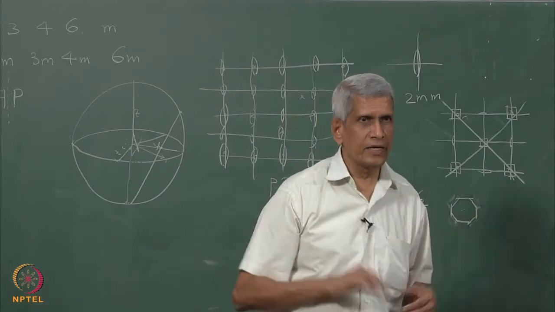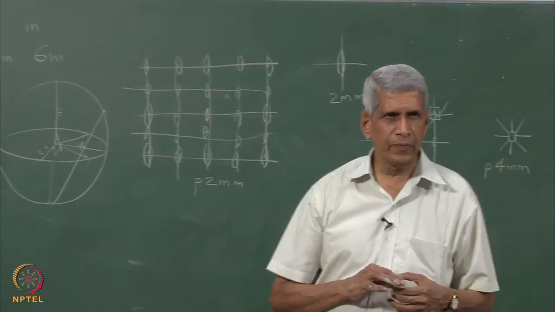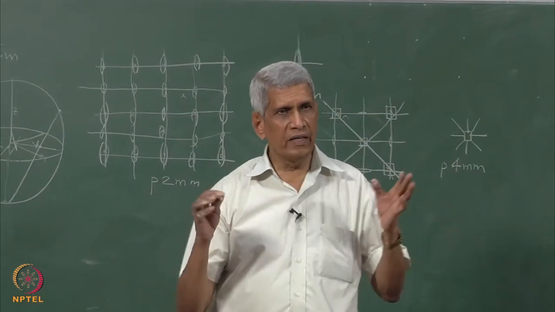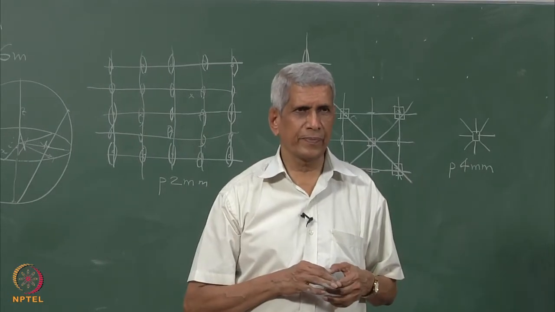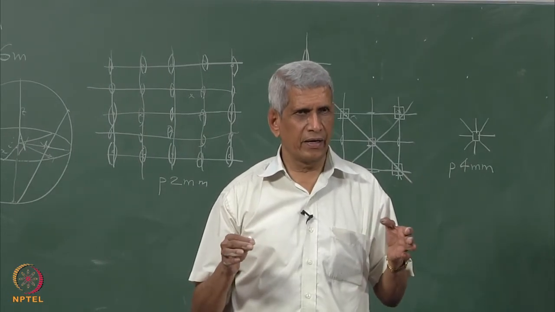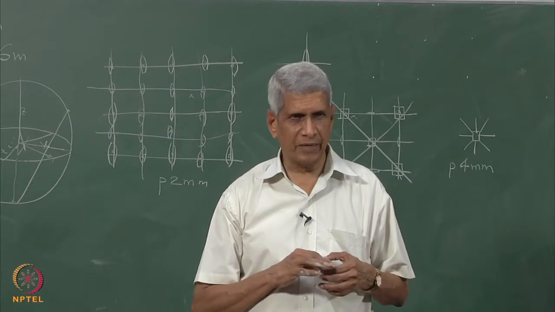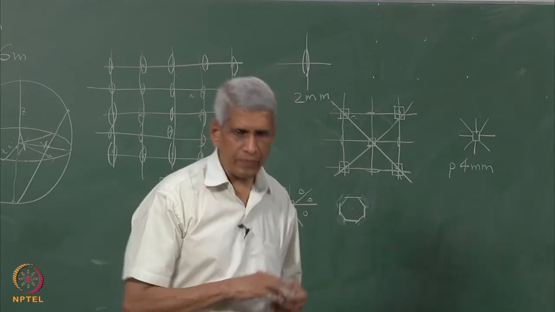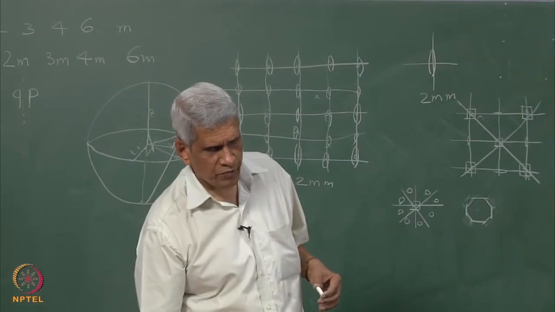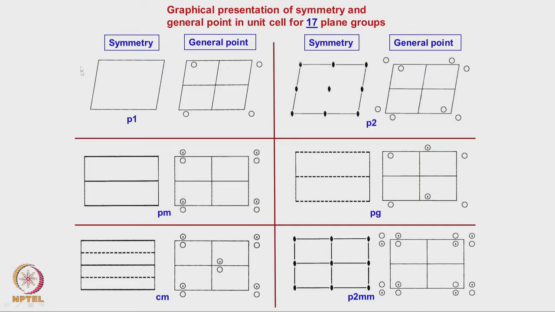If you look at the International Union of Crystallography table, the way these various two-dimensional point groups are represented, when we try to put motifs around each of these points, one, it will show the unit cell shape. This is for P1, and we are putting a motif at one point.